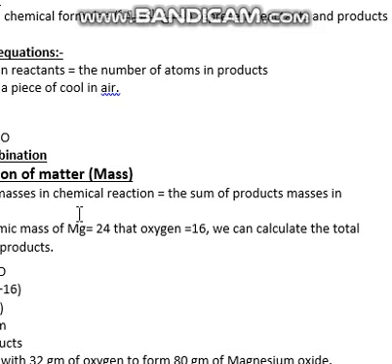Between them the multiplying changes into plus. So the total mass of products equals the total mass of reactants, 80 grams. So it achieves the law of conservation of matter. The chemical equation should be balanced to achieve the law of conservation of matter or mass.